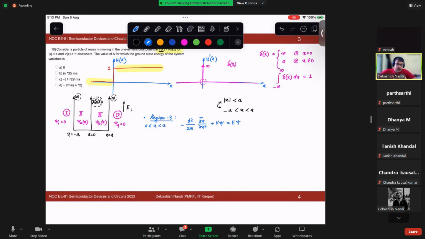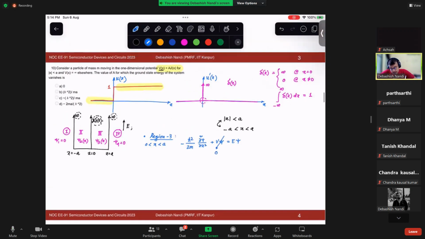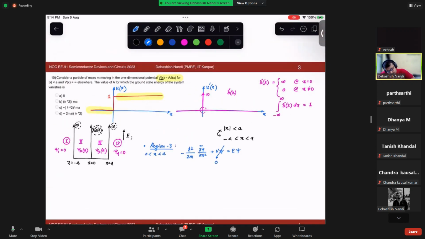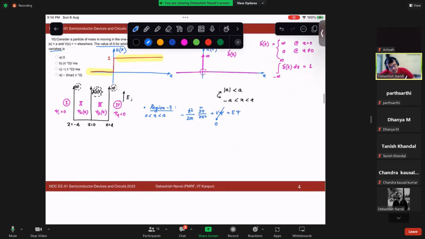So what is the value of potential at this point? Potential is 0. And in the question it is given that we need to find out for the case where the ground state energy of the system vanishes, means it becomes 0, right? So that means my E is also 0.